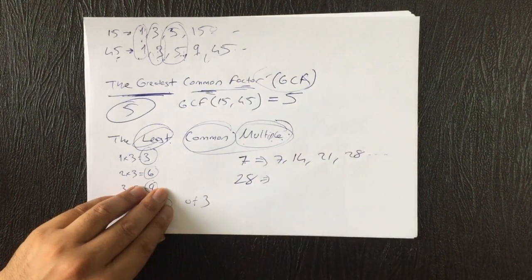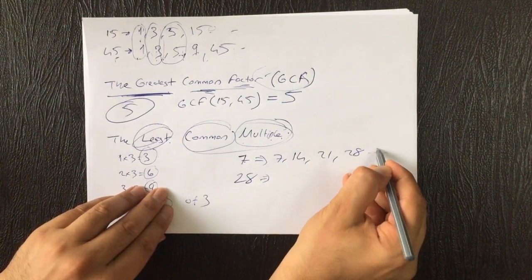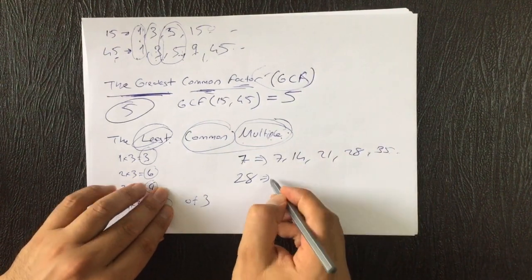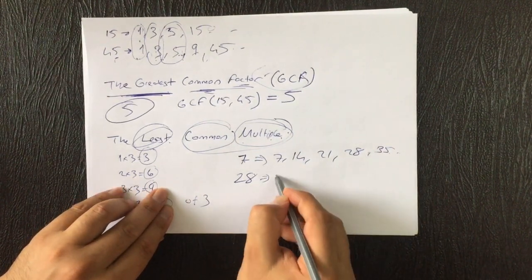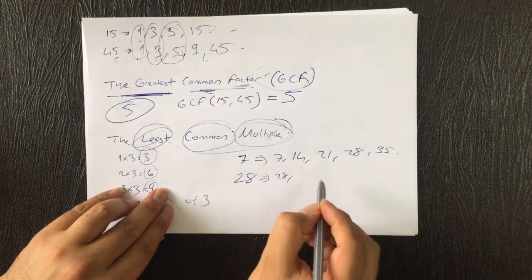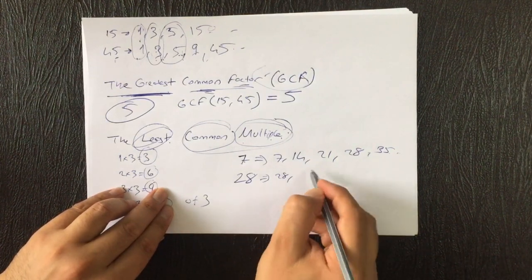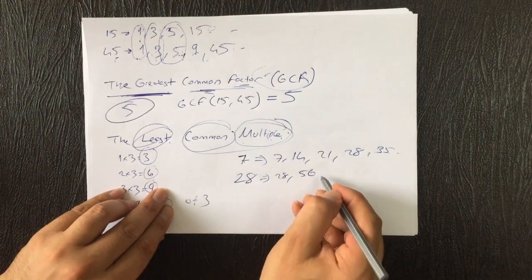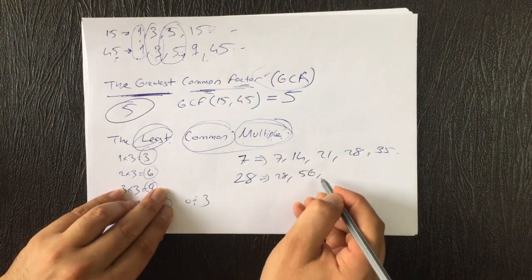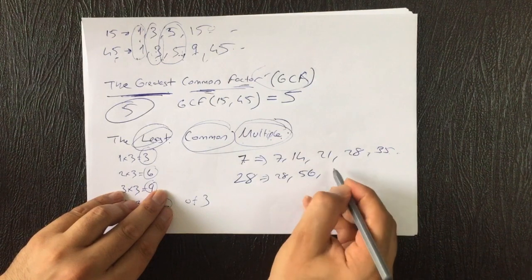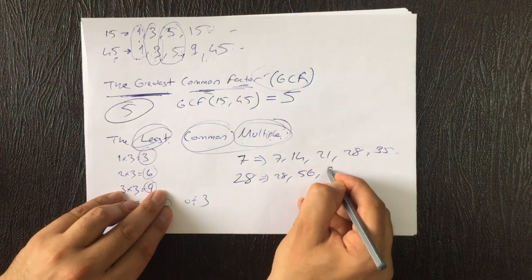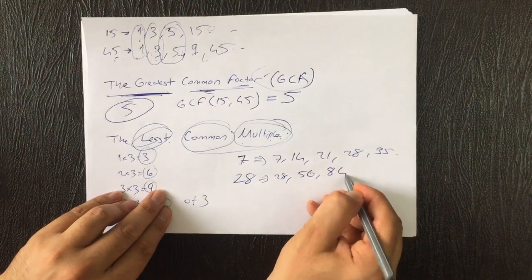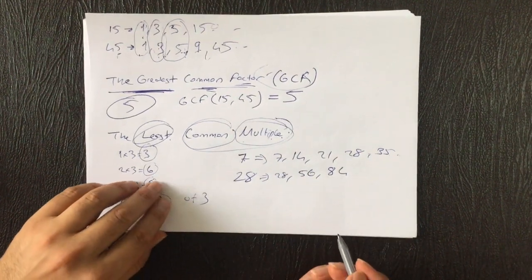Going on, for example, 35. So what about 28? Starting from 28, add 28, it is 56. Then add 28, it is how much? 84.